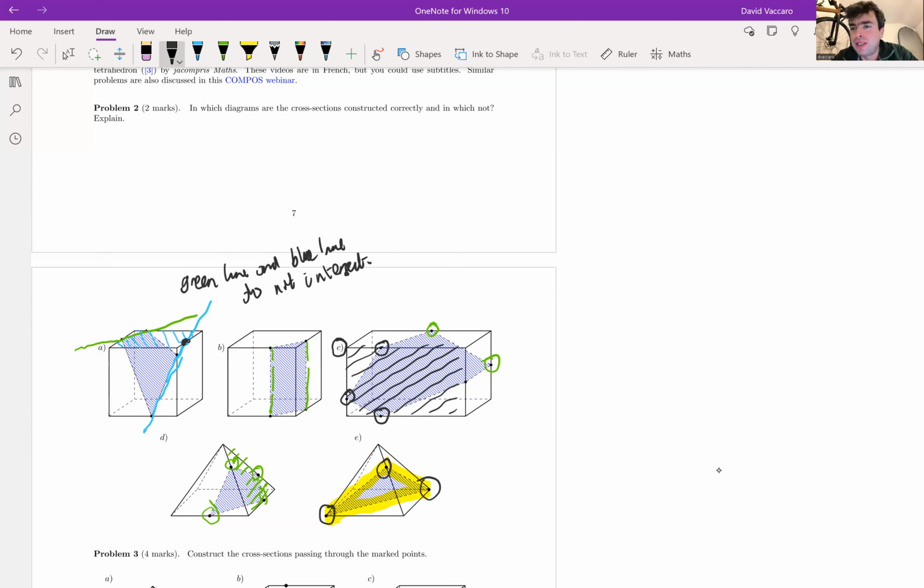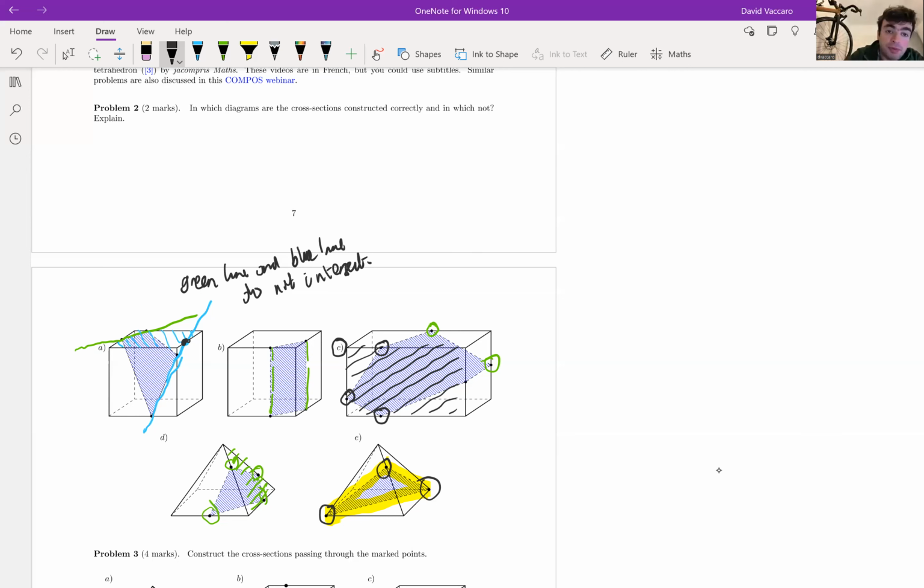So the only way this could be a plane is if those 2 lines were parallel. Okay. But for them to be parallel, they would need to have the same direction. So for them to be parallel, the green line just lies horizontally.